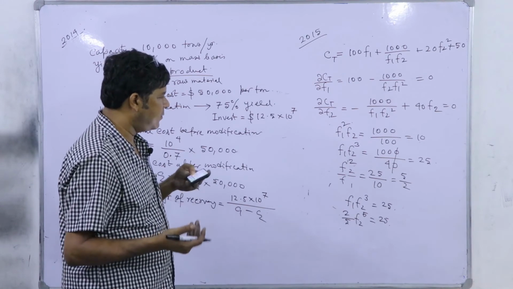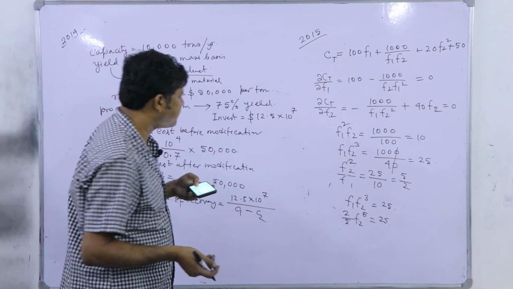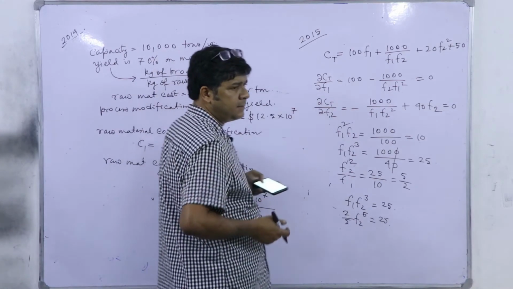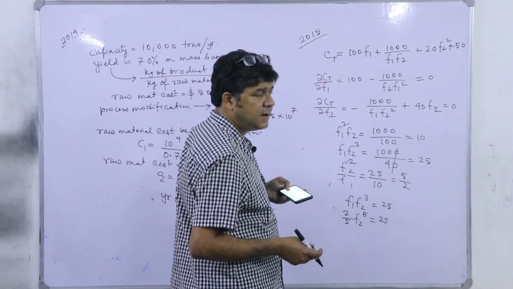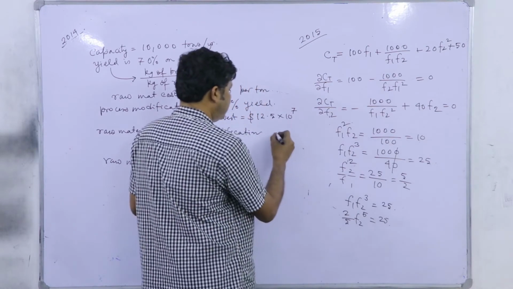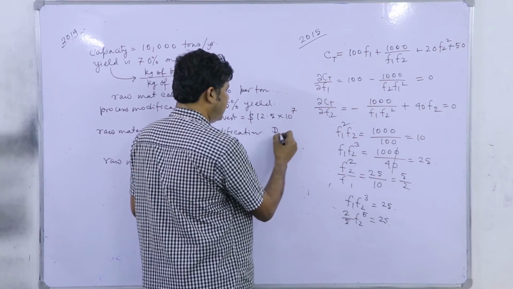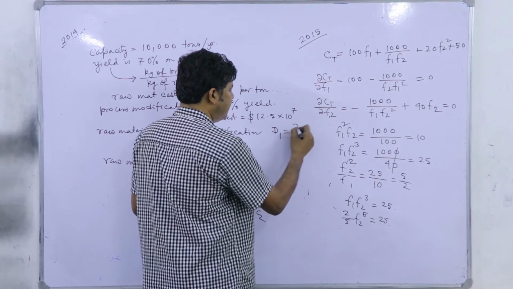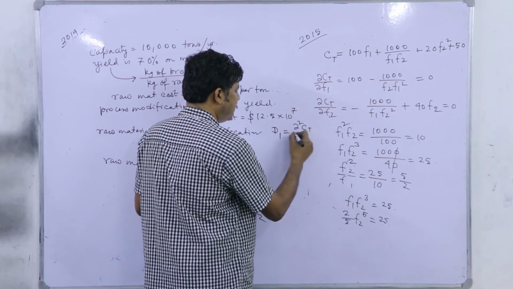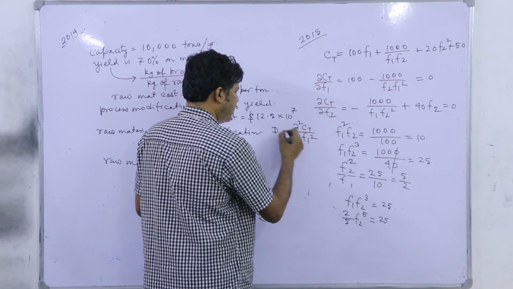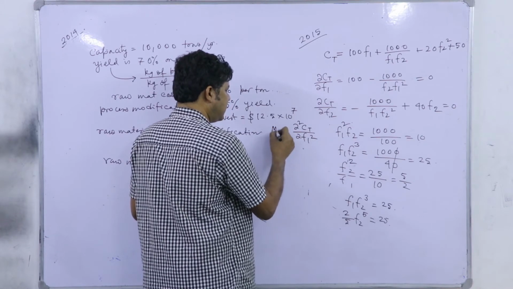We can check whether it is minimum or not by the positive definite matrix, Hessian matrix. D1, which is del square Ct del F1 square, or rather this is M1, we have studied it in maths.